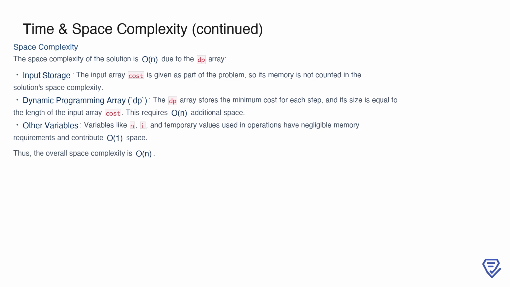Since the size of dp is equal to the length of the input array cost, it requires n additional space. Other variables, such as n, the loop variable i, and any temporary values used during calculations, use a constant amount of memory, contributing only O(1) space. Therefore, the overall space complexity of the solution is dominated by the dp array and is O(n).